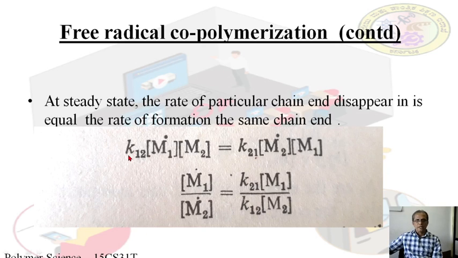So we can write K12 [M1•][M2] is equal to K21 [M2•][M1]. So [M1•]/[M2•] is equal to K21 [M1] divided by K12 [M2]. This way, we can write the steady state equation for this copolymerization type of reaction.